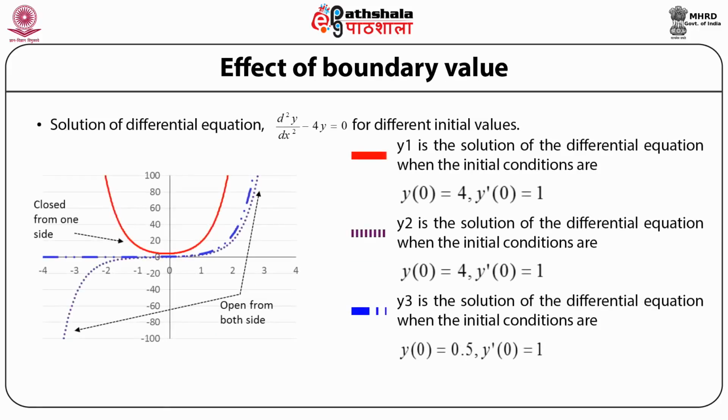What we saw in the last few slides, I just put together in a single slide. As you can see, y1, y2, y3 are all different forms of the solution for different boundary values, and that is all happening for the same differential equation.